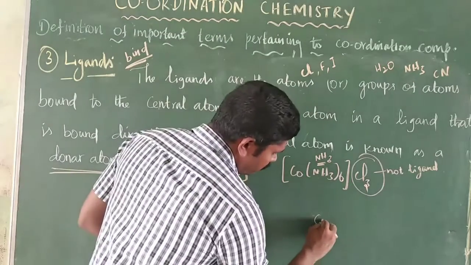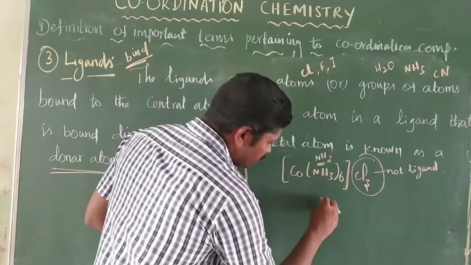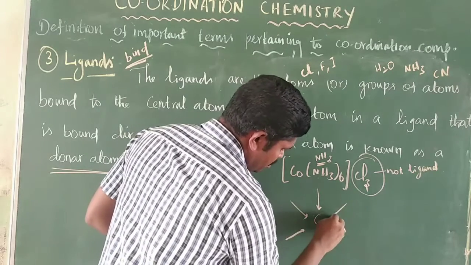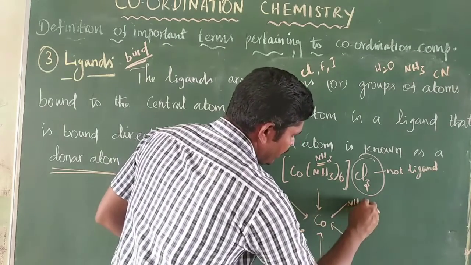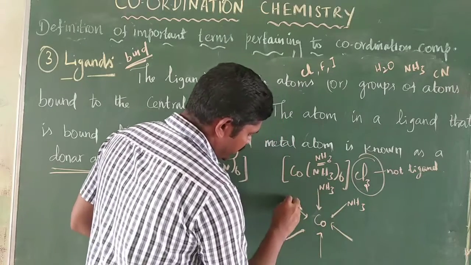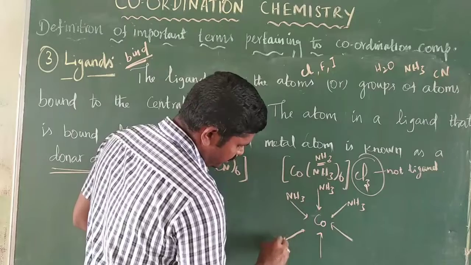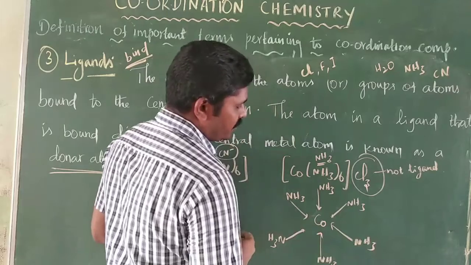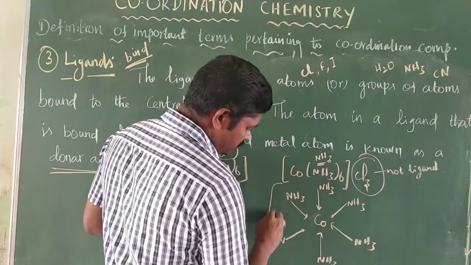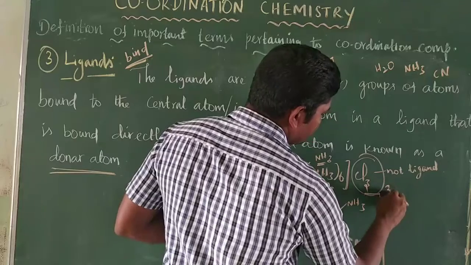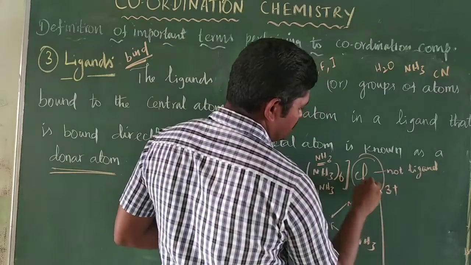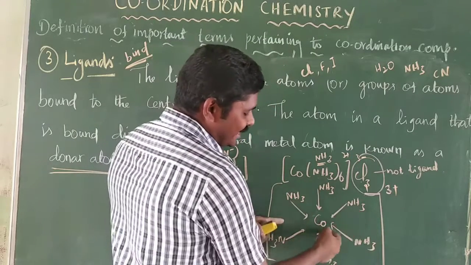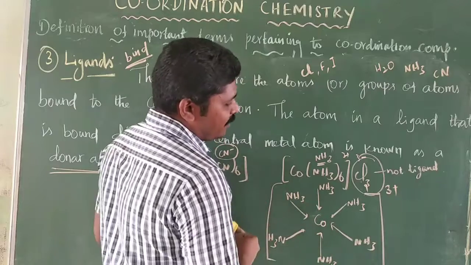Okay, so the coordination entity has NH3, NH3, NH3, NH3, NH3, NH3, six times. So the coordination entity is 3 plus. Okay, so 3 minus 3 plus. Right? So these are directly attached to the central metal atom.